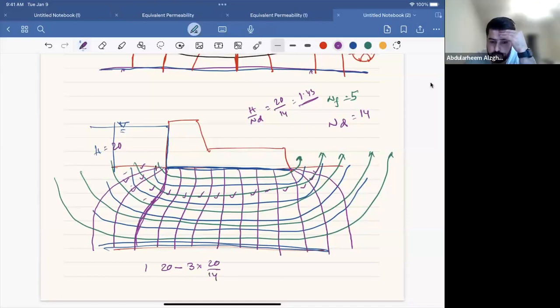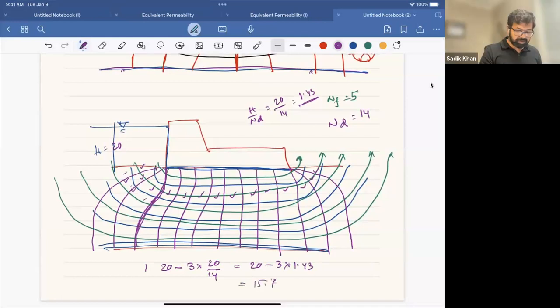So basically this is 20 minus 3 into 1.43, which is 15.7. So this is 15.7 meters at this point, right?